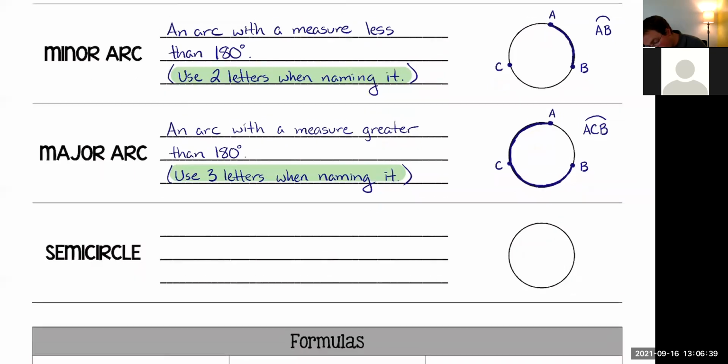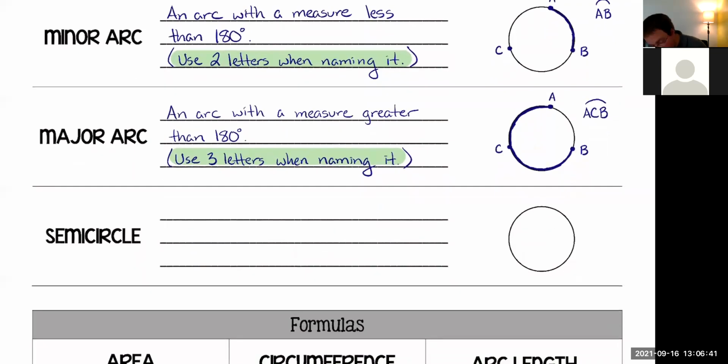So the way we would describe it, how it's generally created, it's an arc with endpoints on a diameter of the circle.